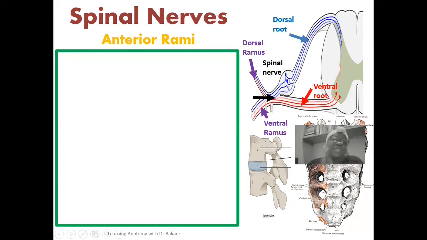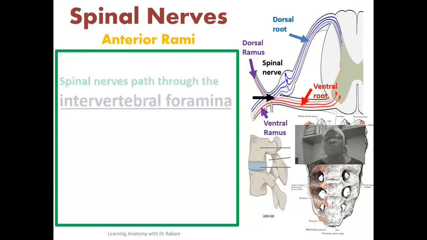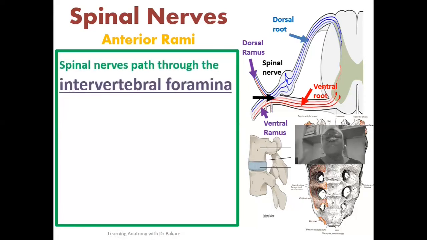But it's good for us to establish that the spinal nerve will run through the intervertebral foramen. So we have a space created here that is highlighted here in dotted red, where we have the pathway for the spinal nerve. And this is where the spinal nerve will exit the vertebral canal, where we have the spinal cord, because they need to exit this vertebral canal so that they can innervate the different structures that are located outside that space.